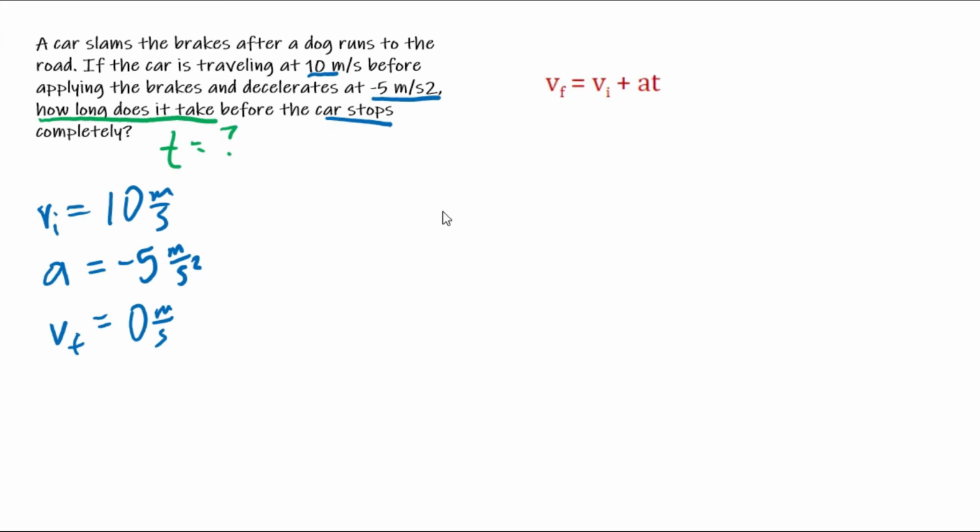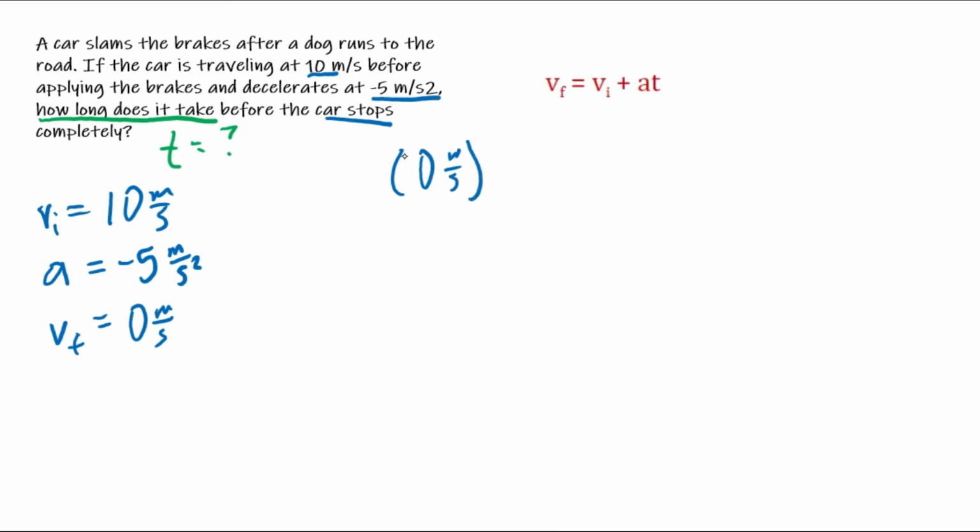And it sounds like this is the equation in mind, right, that might be relevant. So once again, there is a VF there, there's a VI, there's an acceleration, and there's a time involved. It looks like we have everything we need, including what we don't know, right, all related.